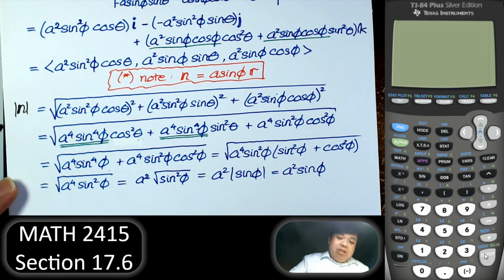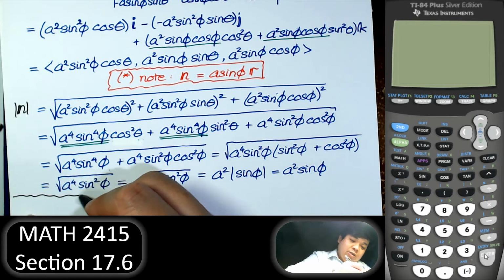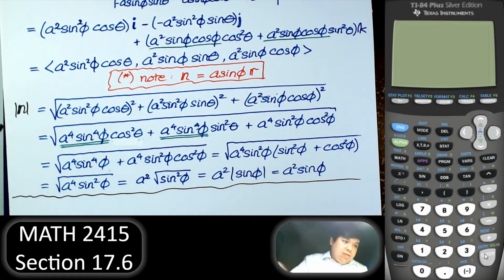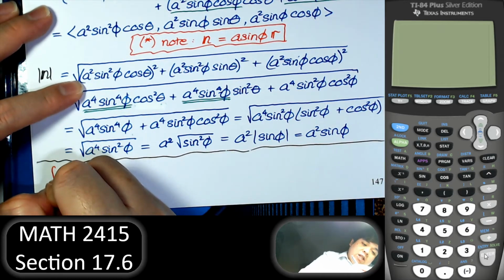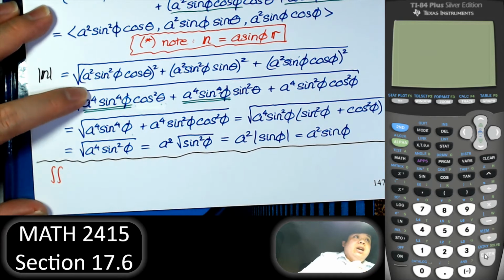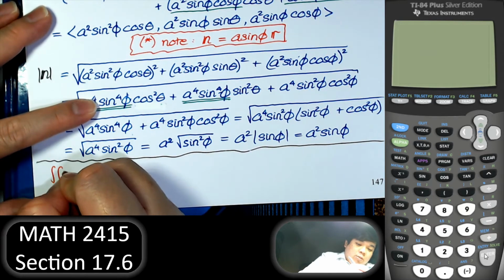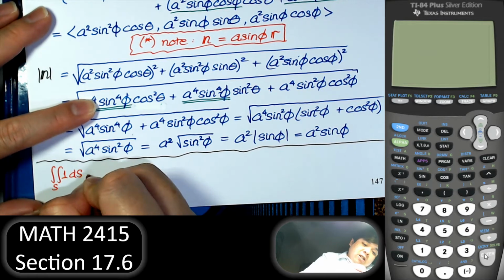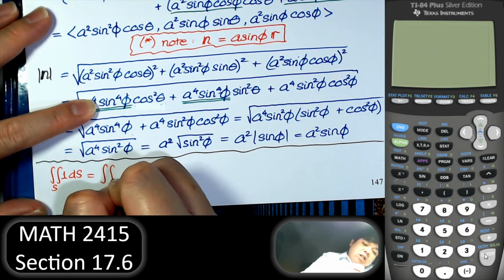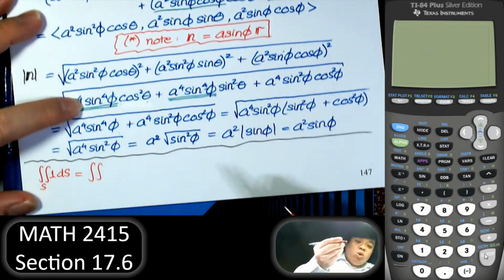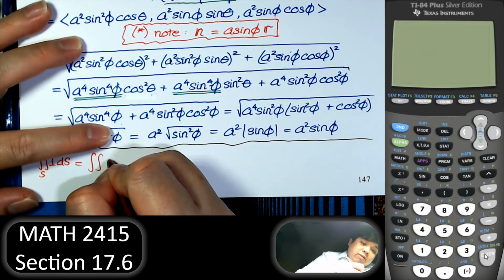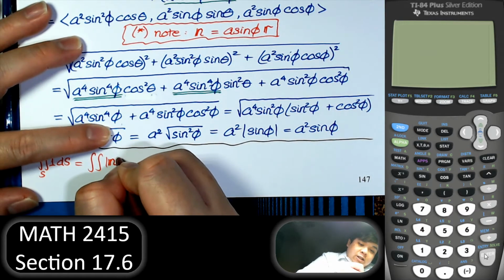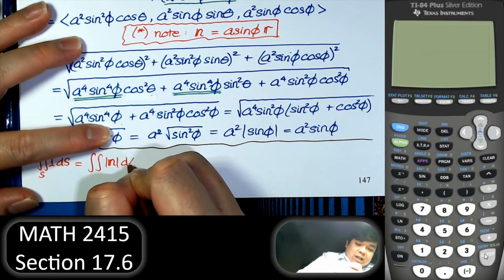Finally, put everything in the surface integral. Since we want the surface area, we just have 1 times dS, so the function is equal to 1. There's nothing there, but we have the magnitude of n and then dA.